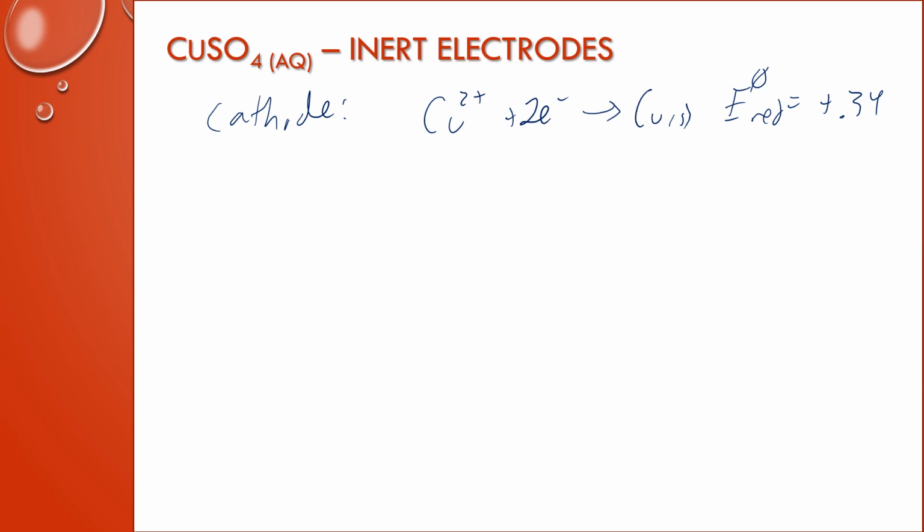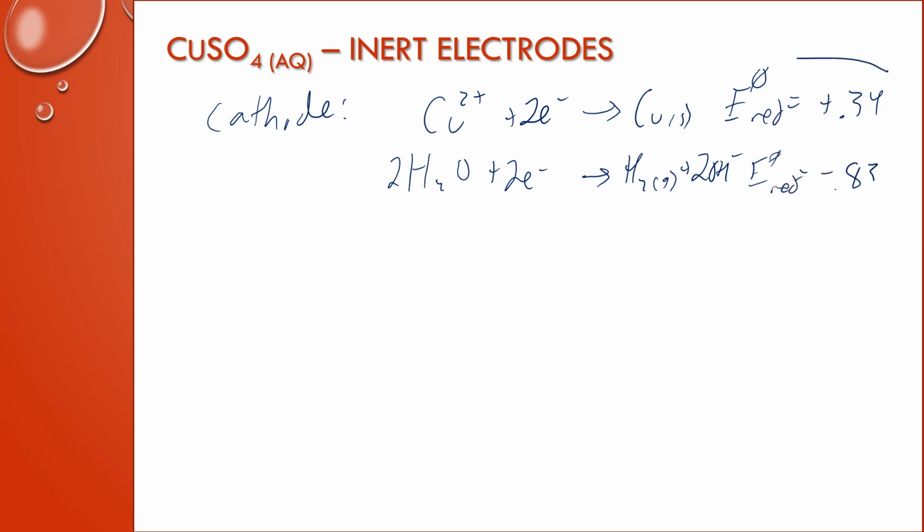The other option at the cathode would be taking the water to gain electrons to form hydrogen gas and hydroxide ions. And the reduction potential for this one is negative 0.83. So the copper is significantly more favored.